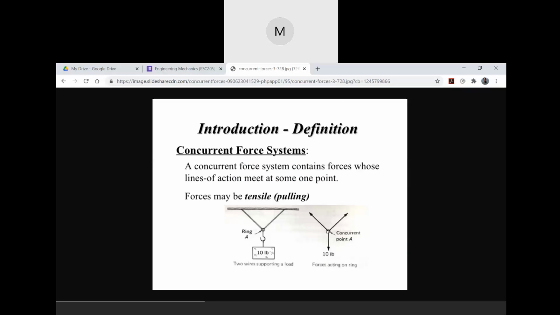If you see the ring at point A here, these forces are meeting at the same point, this one, this one, and this one. So these are known as concurrent. Is it clear? Now we go to the next one.